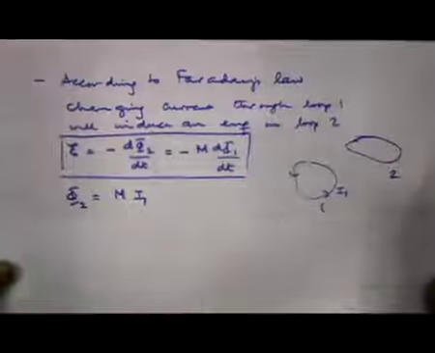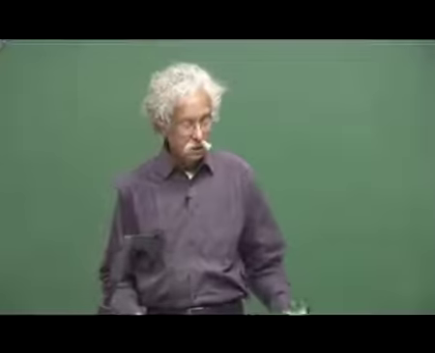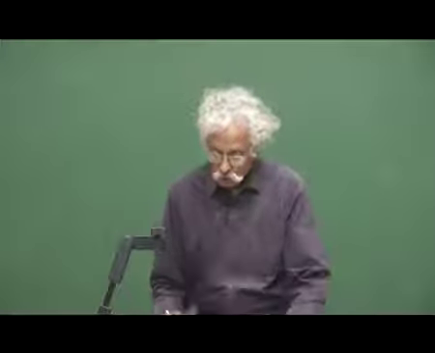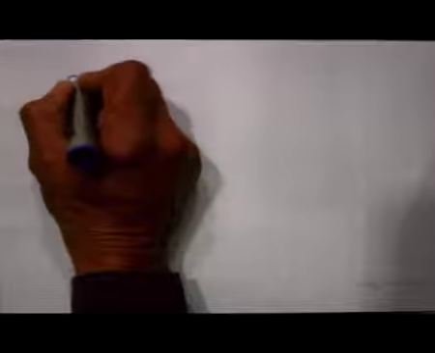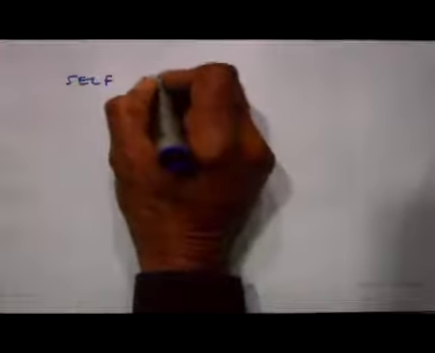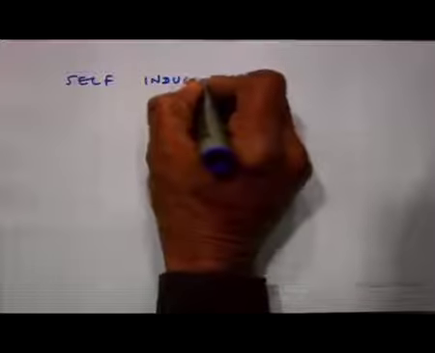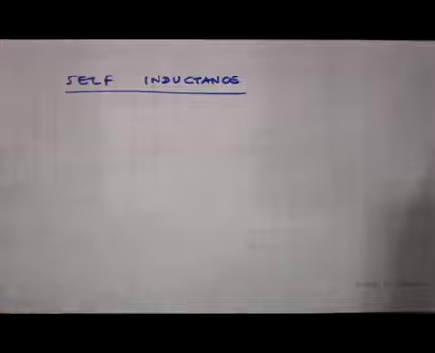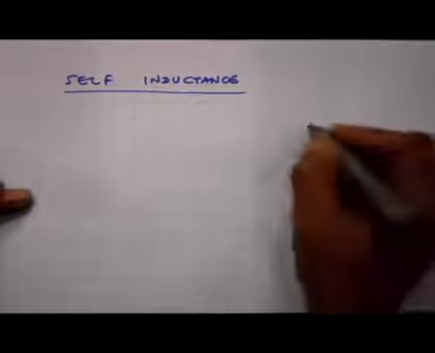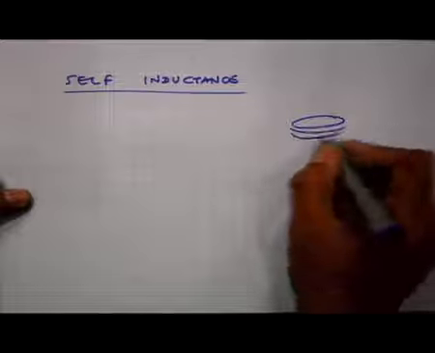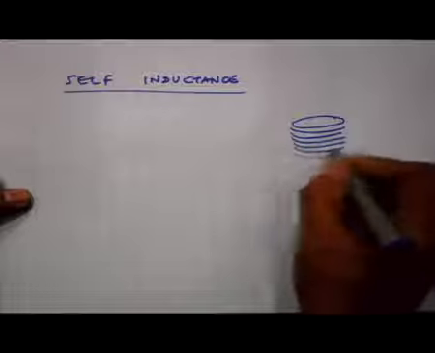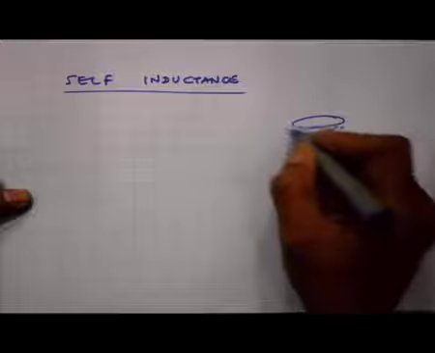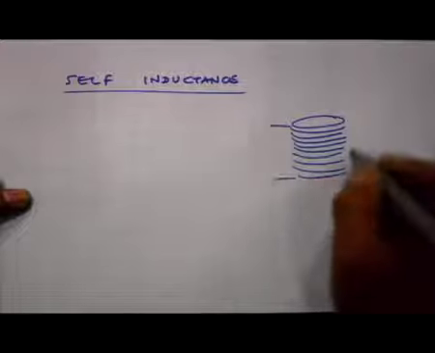Now, having seen mutual inductance, we see that there is another important concept which is also called self inductance. So, let me again take a long solenoid, and I pass a current through the solenoid.